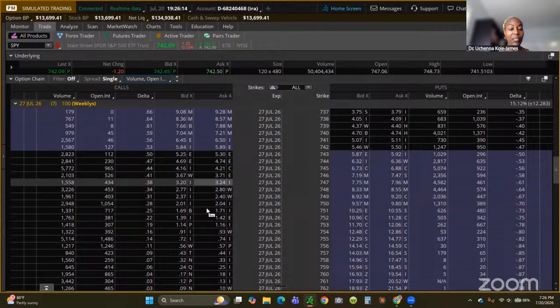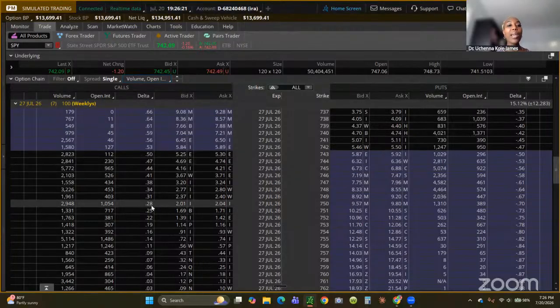So if you're buying an option, the 750 strike for an example, that's a 28% chance that your option is going to finish in the money. Yeah, it'll cost you $200. Yes, the open interest is high, but that means that the SPY, which controls 500 shares, needs to move at least $8 up for this 750 strike to be profitable.